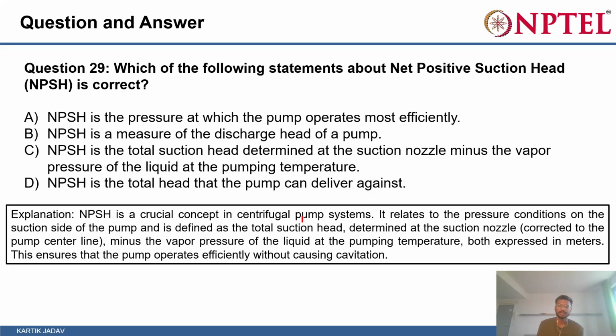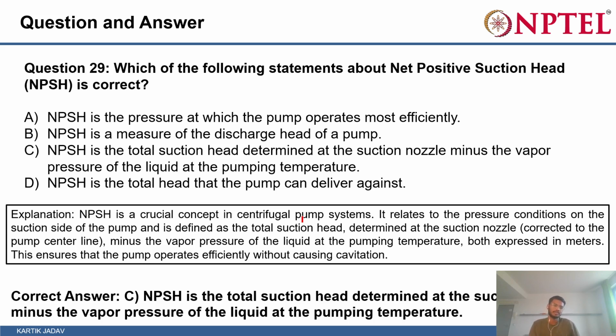It is the total suction head determined at the suction nozzle, connected to the pump center line, minus the vapor pressure of the liquid at the pumping temperature, both expressed in meters. The correct answer is option C. So NPSH is the total suction head minus vapor pressure, that is VP, at pumping temperature.